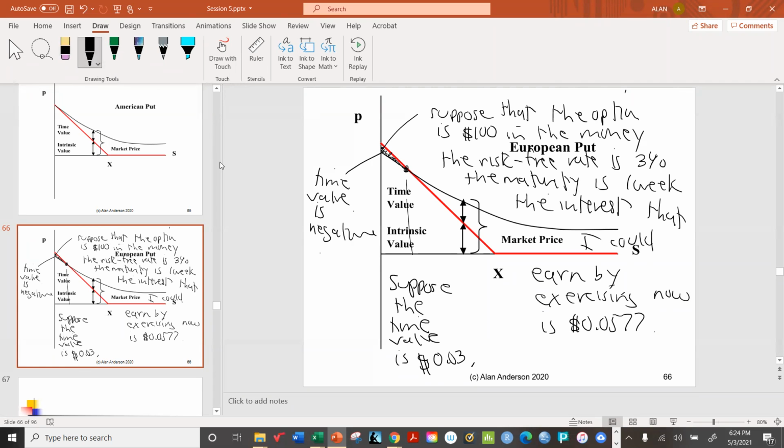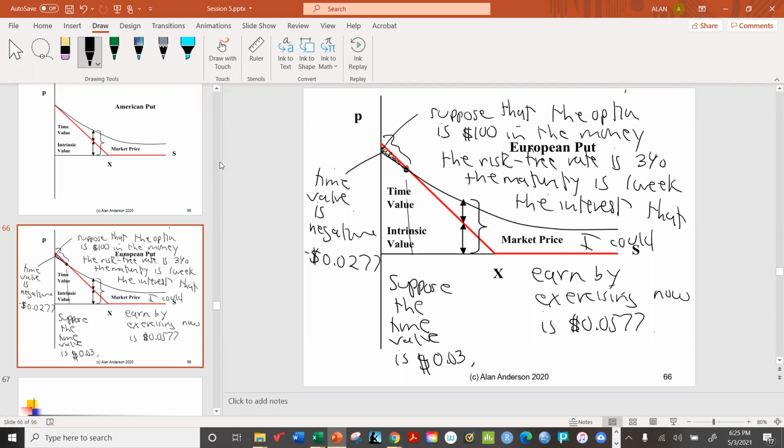So in other words, in a case like this, it would be better if the option expired tomorrow rather than a week later. In other words, the more time that goes by that I have to wait to exercise this option, the worse off I am. So you actually have a brief range here with negative time value.